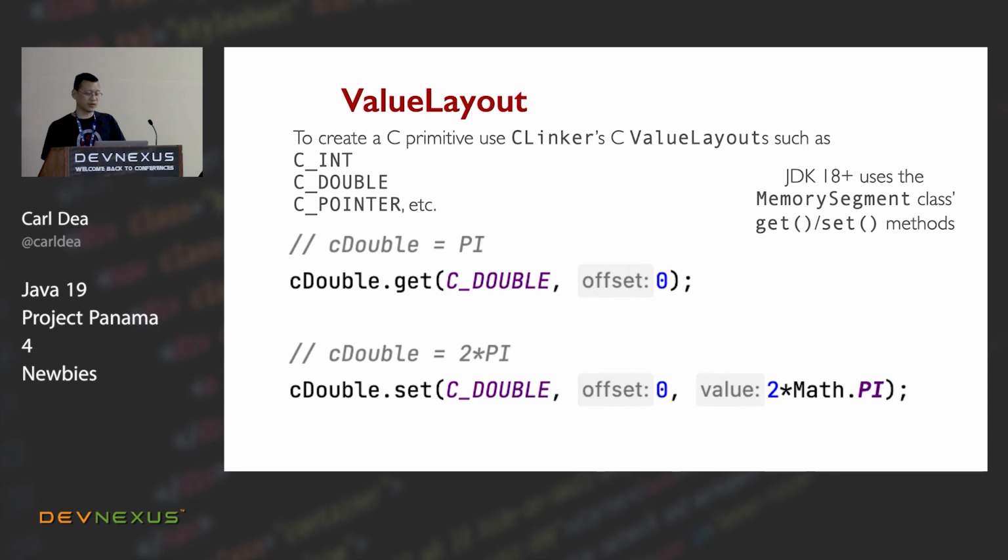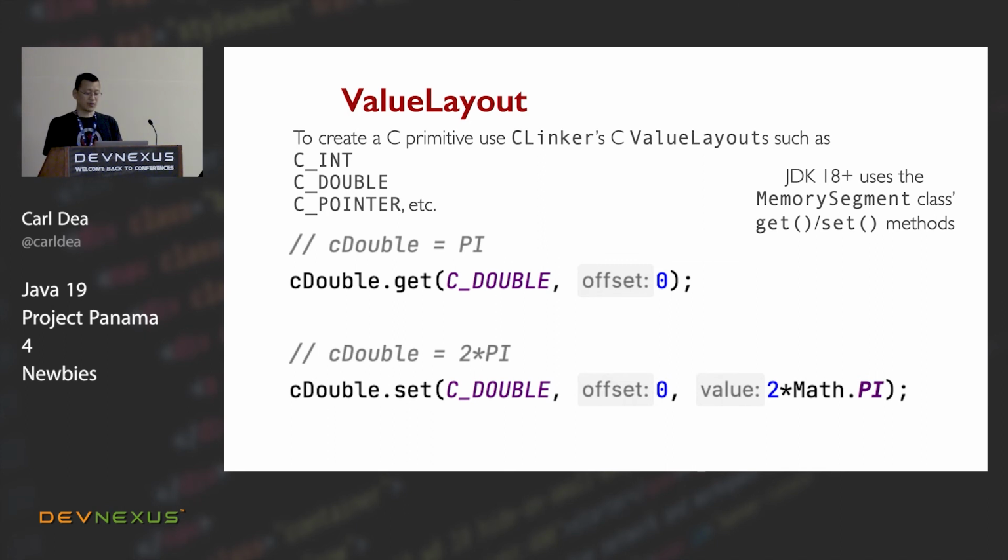So here's a simple example. It's almost like a bean class where you have getters and setters. However, you have an extra parameter that provides the offset. So again, very important: the instance or the class name, MemorySegment, is not going to change. That is an object reference to the thing in memory for the memory access API. So for C double, you want to get that value out of there.